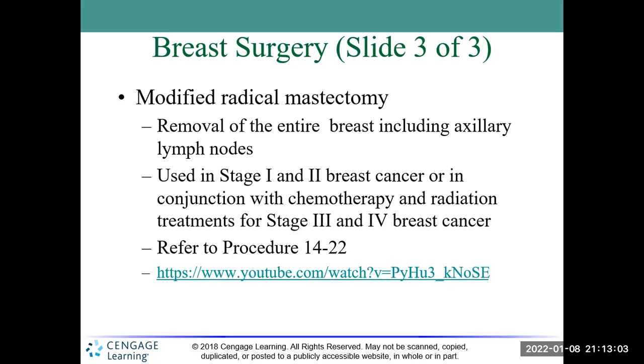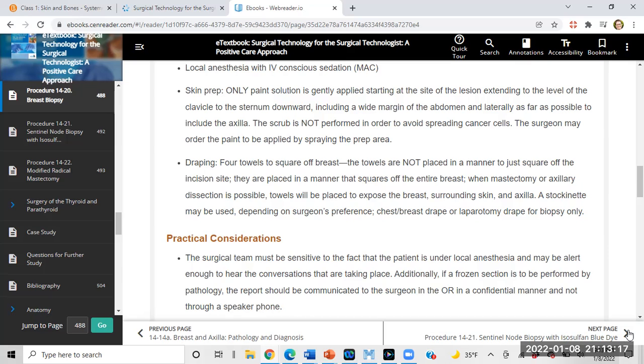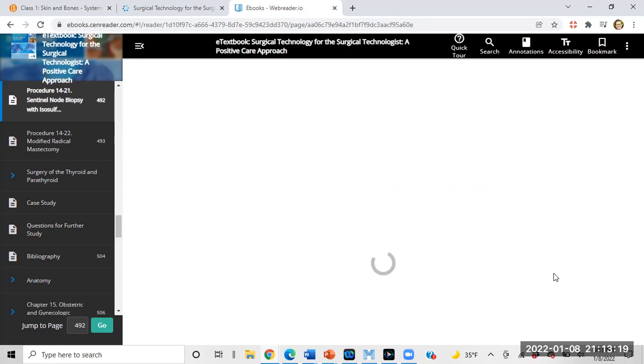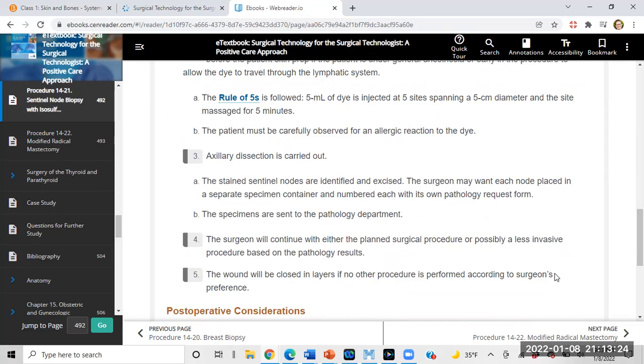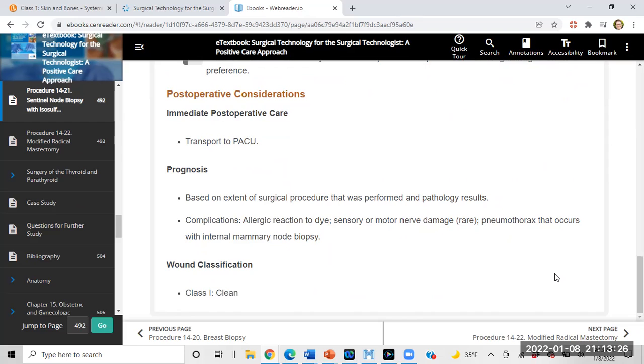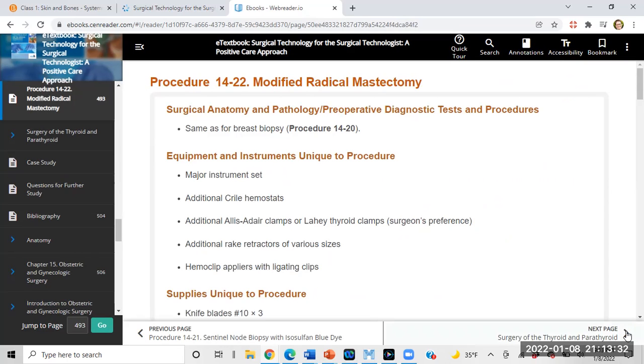And this is usually done in stage 1 and 2 when it's done with chemo and radiation, or for anybody in stage 3 or 4. And then here's where there's a sentinel node biopsy, and they use the blue dye to locate that. And then the modified radical procedure is next.